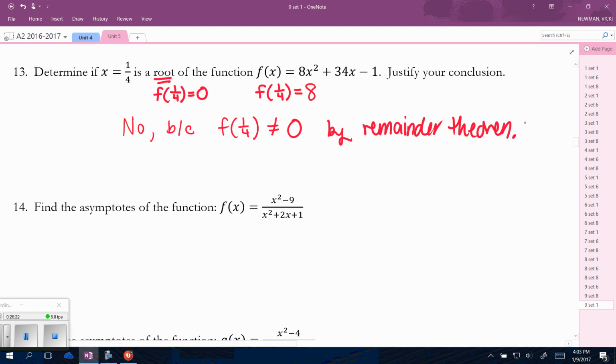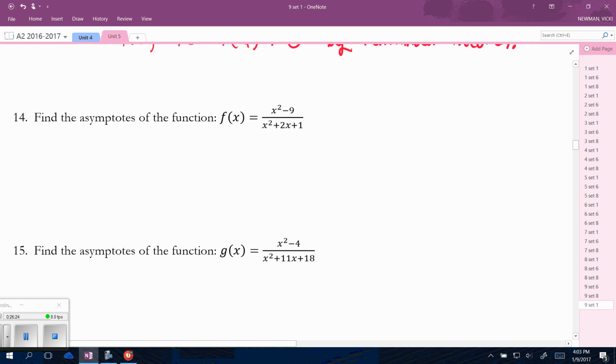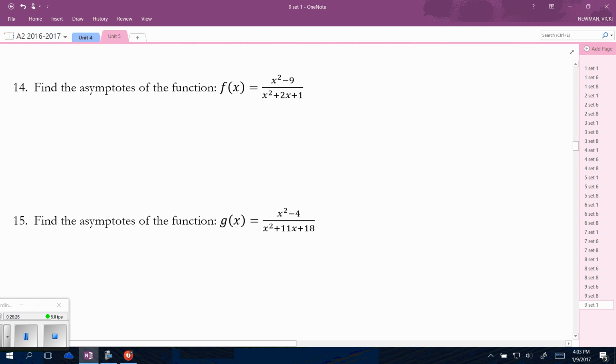All right, asymptotes. Easy part is the vertical asymptotes. Vertical asymptotes occur when the bottom is 0. So factor that, x plus 1, x plus 1. So the vertical asymptote is x equals negative 1.